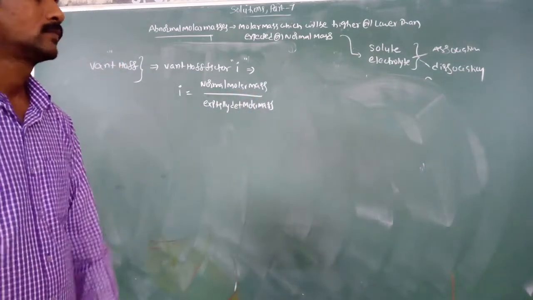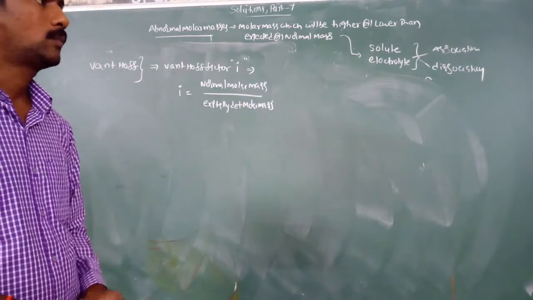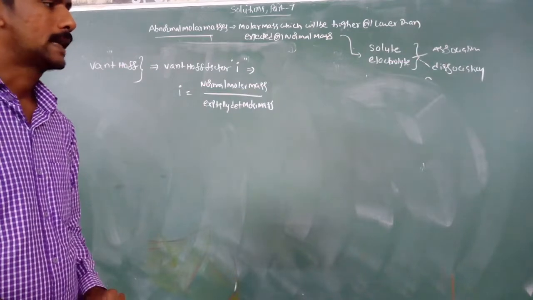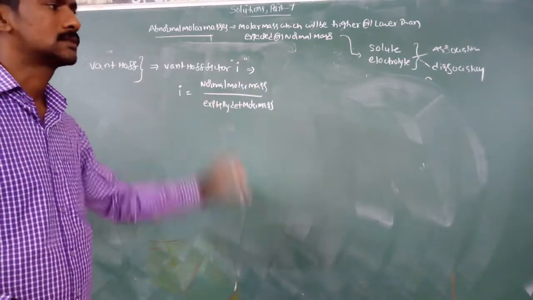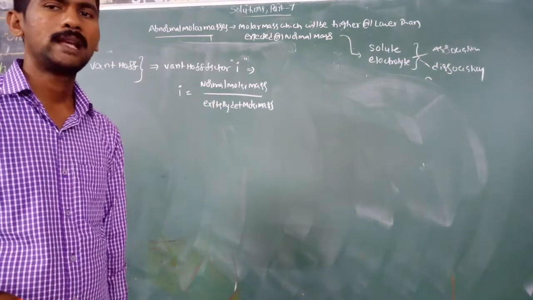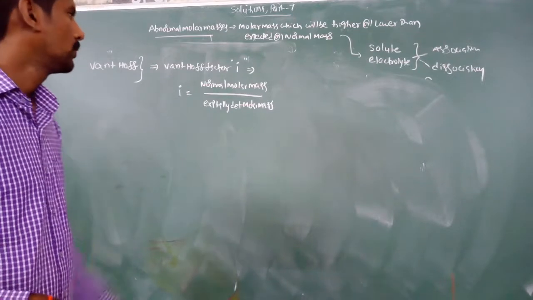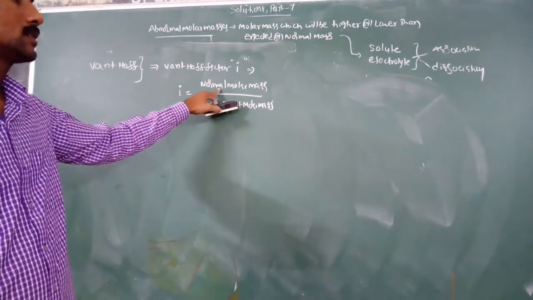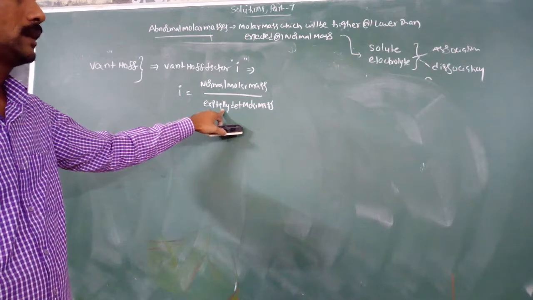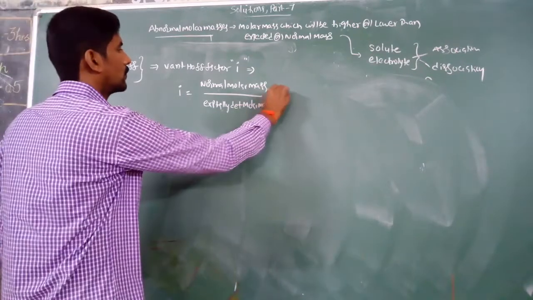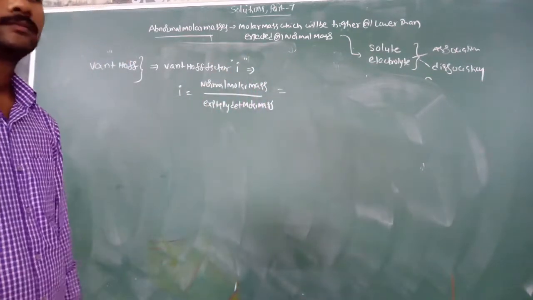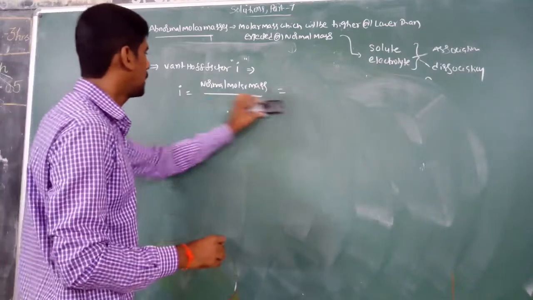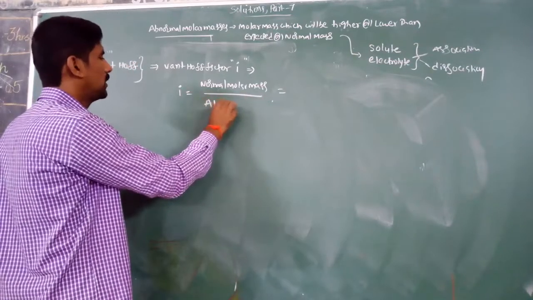What is i? It is the ratio of normal molar mass to experimentally determined molar mass, or normal by abnormal molar mass. Simply, i is equal to normal molar mass by abnormal molar mass.